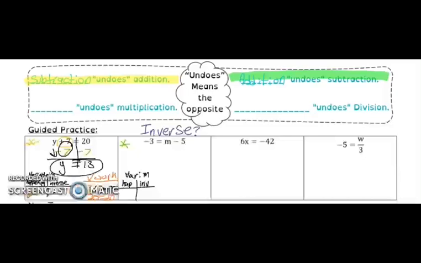Okay? So I know my variable is M. I know what is happening is that minus 5, because the problem says M minus 5, which means the opposite of minus 5 is going to be plus 5.